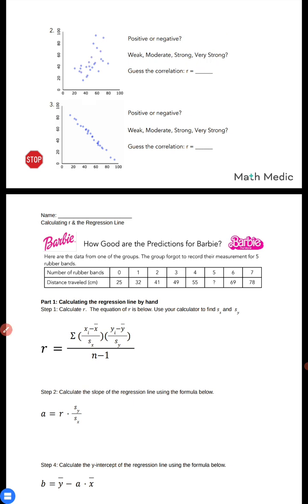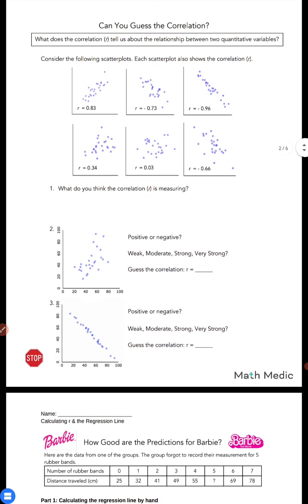All right, so if I were to guess the correlation, and we can kind of compare it to these graphs up here, I would put that correlation around 0.7, just because it looks kind of similar to this graph, right? Except for the fact that it's going up. All right, so the second graph is going to be negative because it's trending down.